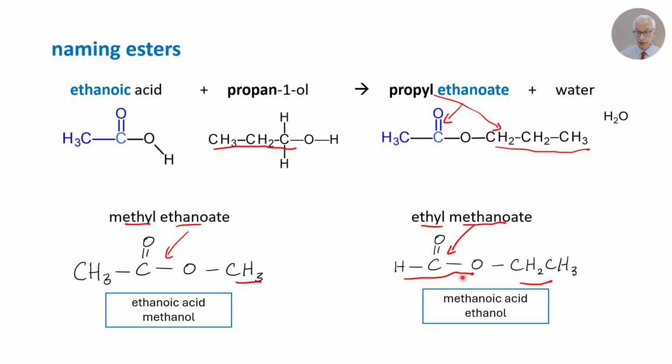The section of the ester that derives from the carboxylic acid, the methanoate section, contains 1 carbon, so that would be methanoic acid. The alkyl group has 2 carbons, ethyl, so that derives from the alcohol, so the alcohol must have had 2 carbons, and that is ethanol. So methanoic acid and ethanol would make ethyl methanoate.